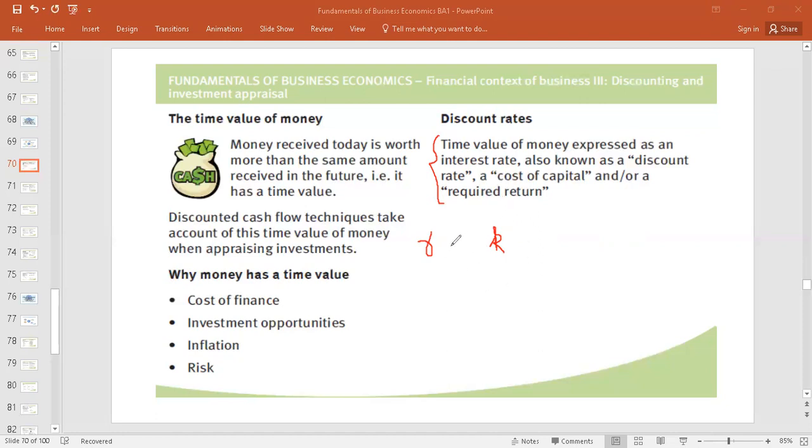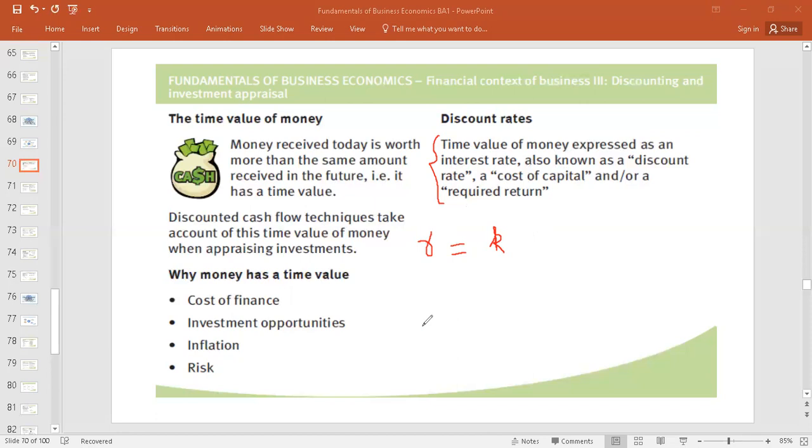So when R is equal to K, it indicates that the rate of return that is earned is sufficient to make the payment of cost of capital. So in situations where the required return is equal to the cost of capital, any of the things can be taken as the discount rate, whether it is interest rate or cost of capital or minimum required return, so that the cost of capital can be paid.